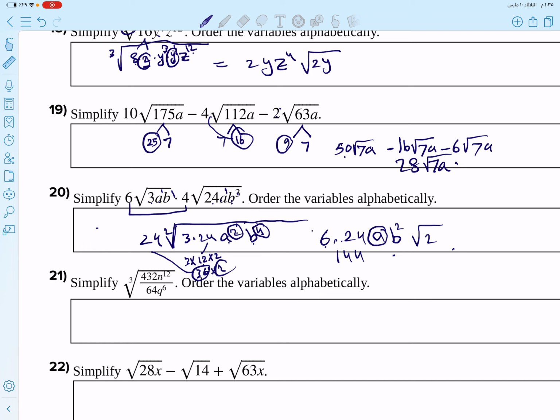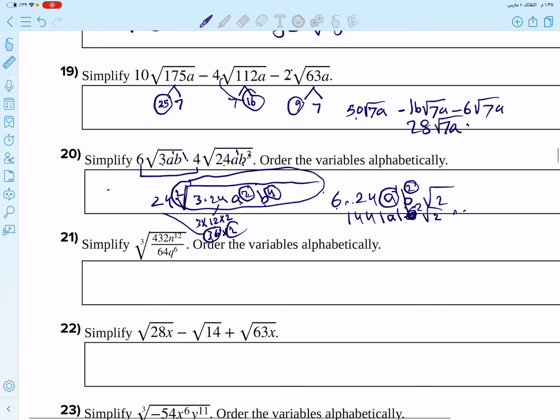What about a? I will write it in absolute value because it's an odd power, and the root has an even index. So p to the power 2, I don't want to write it in absolute value because it's an even power here. So just p to the power 4 without absolute value, the square root of 2.